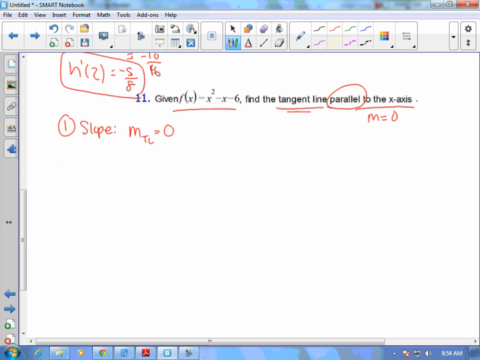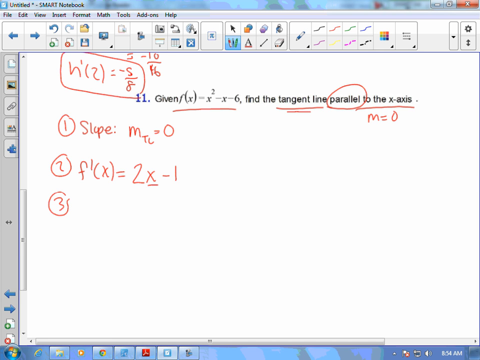Okay, second, find f prime of x, because we're working on getting the equation of the tangent line. f prime of x is 2x minus 1. Okay, now what? Plug in 0 where? For the x's? Okay, we need a point first. We're working on getting the slope.